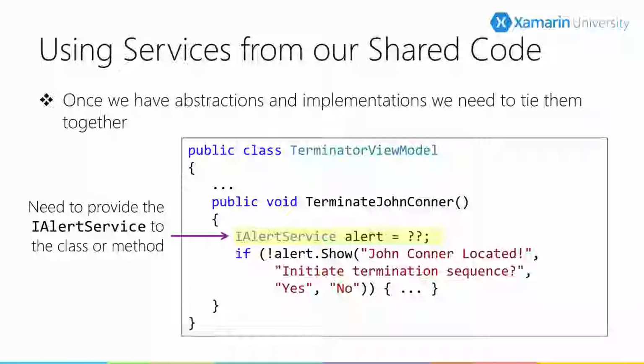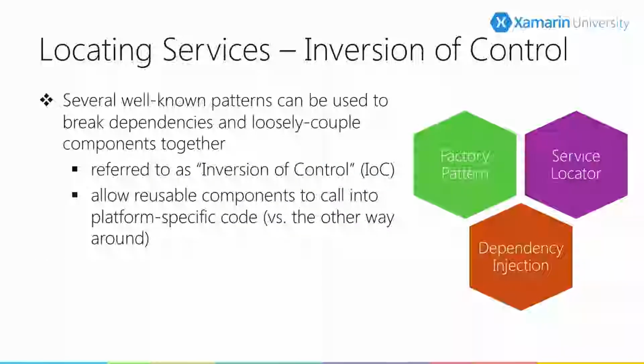And the solution is to use one of the patterns that we're going to discuss today. All of these patterns are well known. You'll find them in a lot of projects out there, so it's good to know about all of them. We'll start with the factory pattern, which is a pretty basic, simple pattern, easy to implement. We'll then move on to service locator, a bit more advanced.